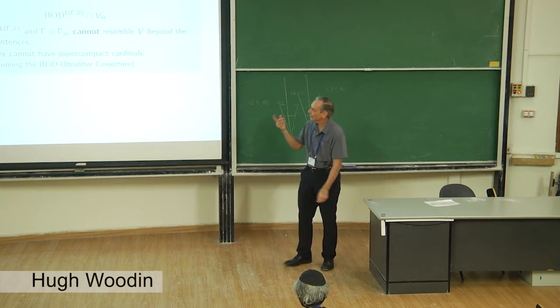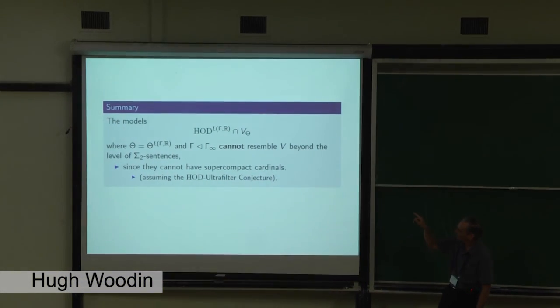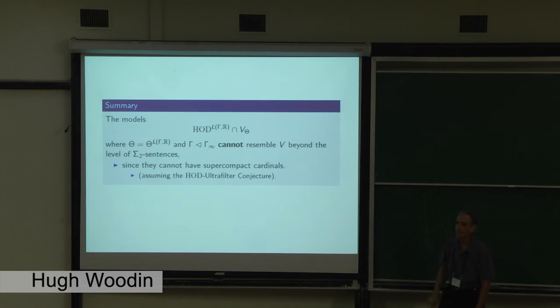So this is more of a philosophical point. Basically, they can't reach the next cardinal, they can't even reach the next L(R) cardinal. This has some consequences for the HOD analysis.